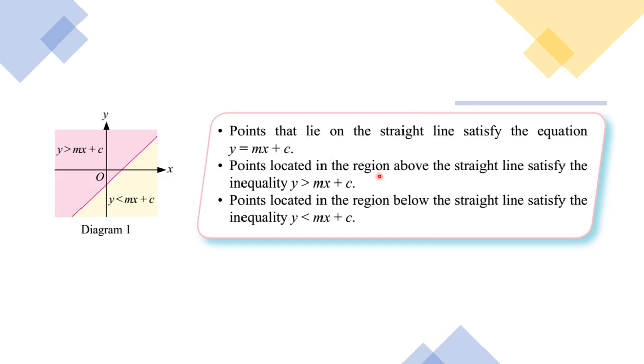Points located in the region above the straight line satisfy the inequality y is greater than mx plus c. Points located in the region below the straight line satisfy the inequality y is less than mx plus c.